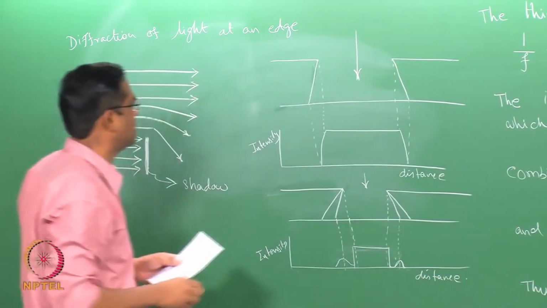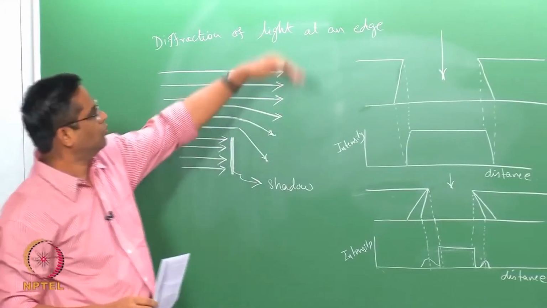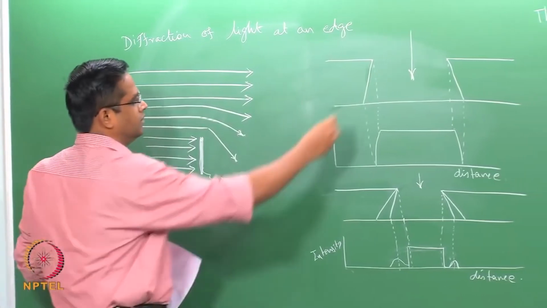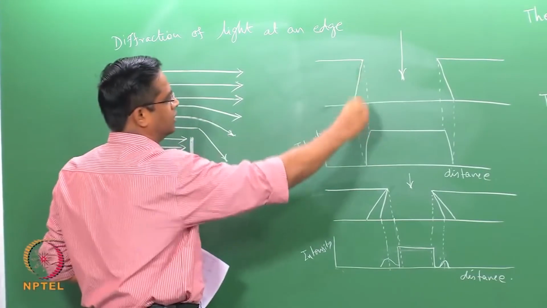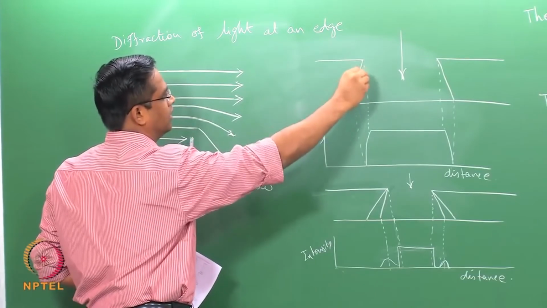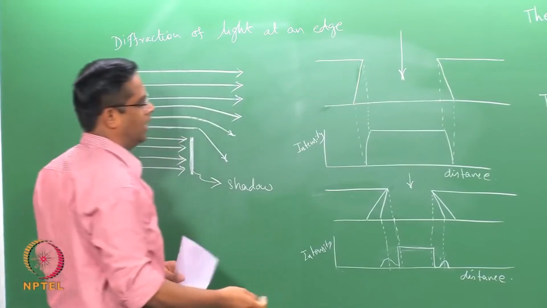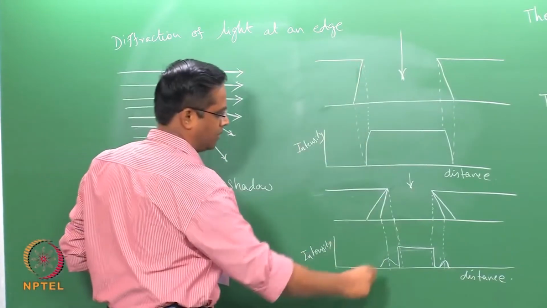Okay, what is it that I am trying to draw and tell you? When the light passes through a slit like this, and as I said earlier, it causes some shadow effect here at the edges. And when you narrow down this gap, the slit, then what happens?